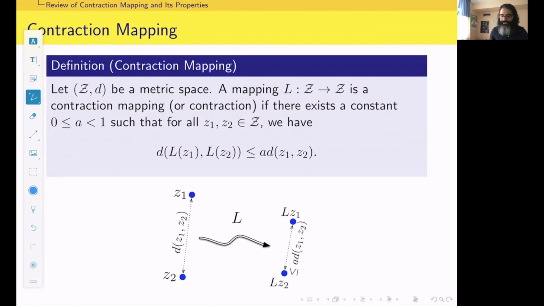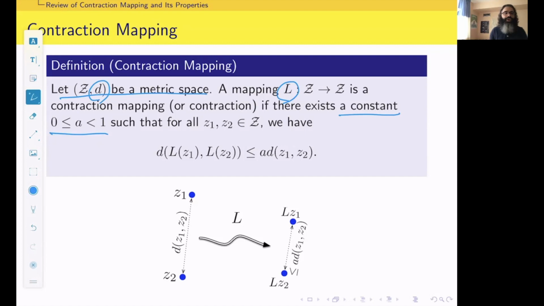More formally, suppose we are in a metric space Z with metric D. A mapping, an operator L from that space to the same space, is a contraction mapping, or simply a contraction, if there exists a constant A between 0 and 1, strictly smaller than 1.